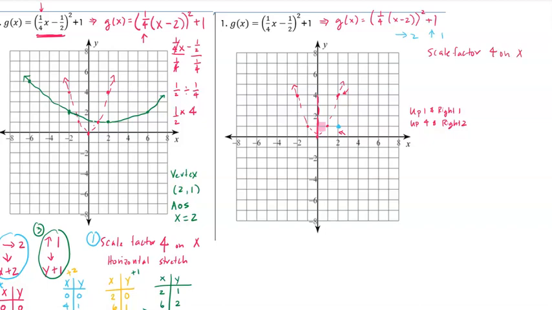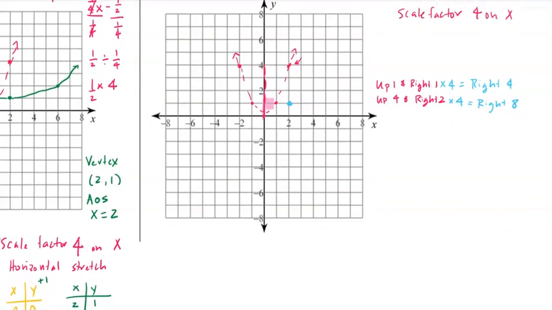On the x, that would be the right or left. So I'm going to take these values and I'm going to multiply them by 4. So no longer is it a right 1, but it's going to be a right 4. No longer is it a right 2, but it's going to be a right 8. And this is after you've taken that vertex and you've moved it.